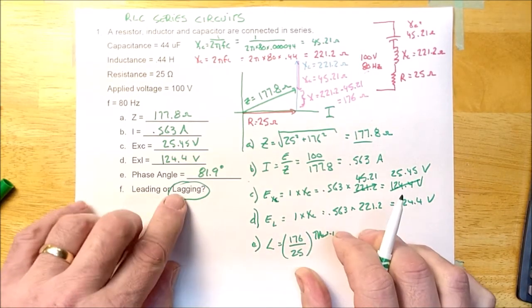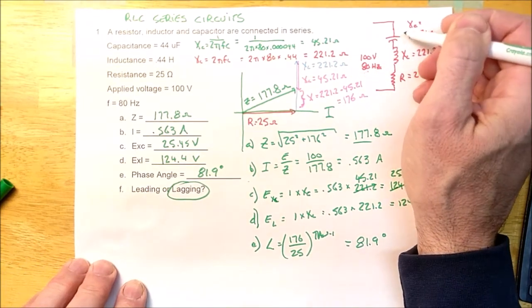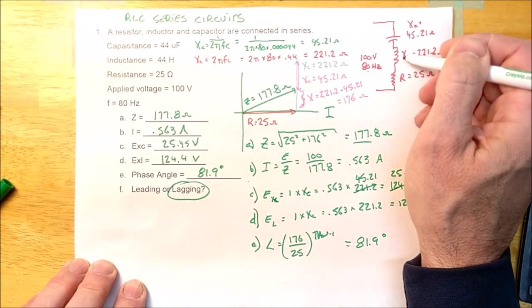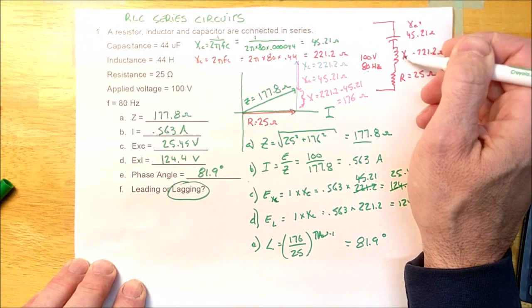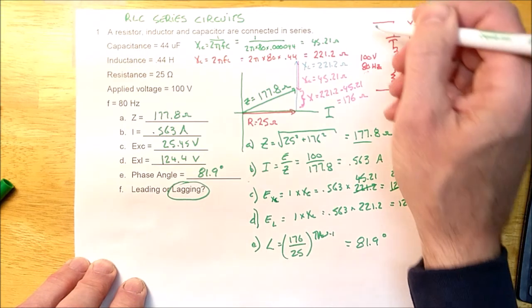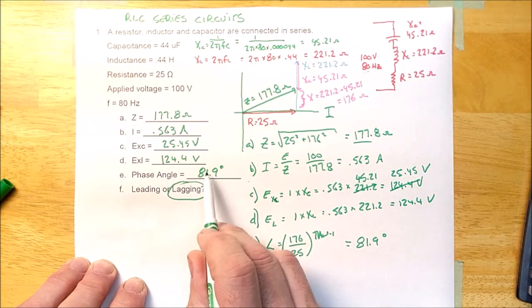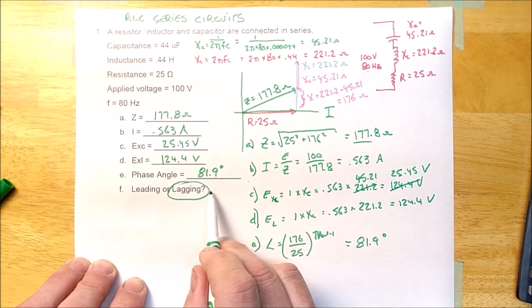All that means is that in this circuit, if I scope this, I would see that the current was leading by 90. If I scope this, I would see that the current was lagging by 90. If I scope this, I see that the current is in phase. If I scope the whole circuit, I will see that the current is lagging by 81.9 degrees.